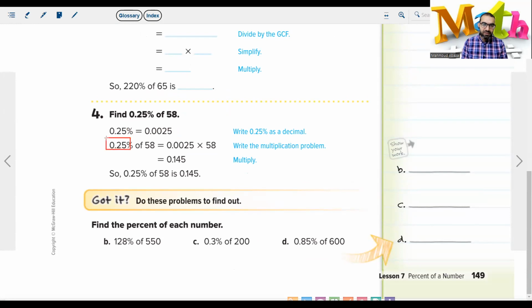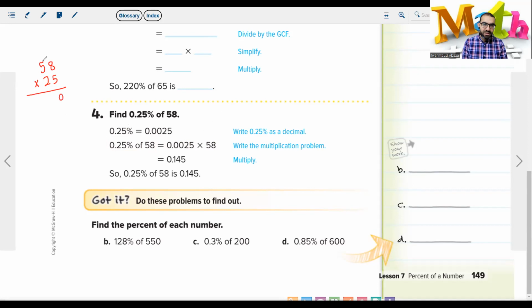So 0.25% of 58 is like 0.0025 times 58. How can we do this type of multiplication? Very easy. Ignore the decimal, just multiply 25 multiplied by 58. Then we get the decimal point back after 4 digits.